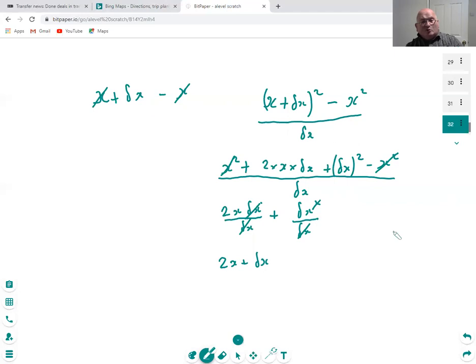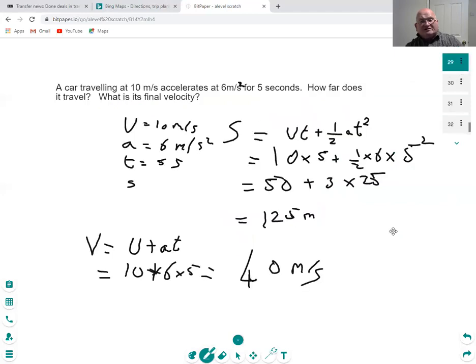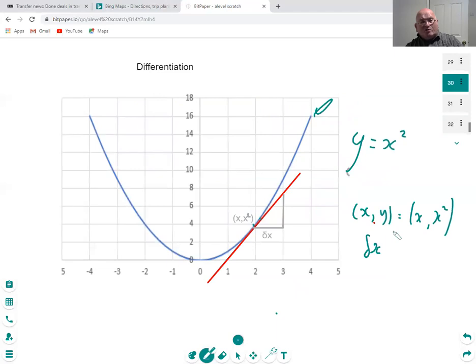I should have done this all the way along, actually, because what we're trying to find out is, we've got this delta x thing, which is a little bit artificial. We're trying to make that as small as possible, because we're trying to find the gradient not between x and delta x, but when delta x is vanishingly small.